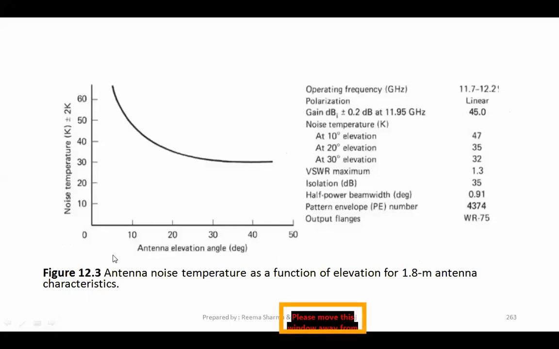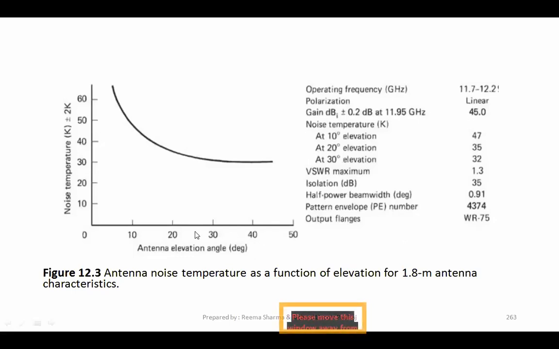So there's another graph here, which talks about the antenna noise temperature as a function of elevation. So you have elevation for considering a 1.8 meter antenna height. So these are some of the specifications given just for your reference. Of course, it's not going to be asked for all these details.